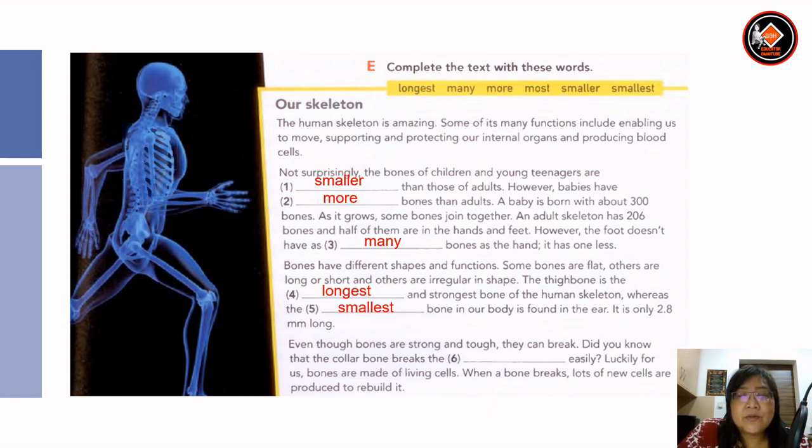Even though bones are strong and tough, they can break. Did you know that the collarbone breaks the most easily? Lucky for us, bones are made of living cells. When a bone breaks, lots of new cells are produced to rebuild it.